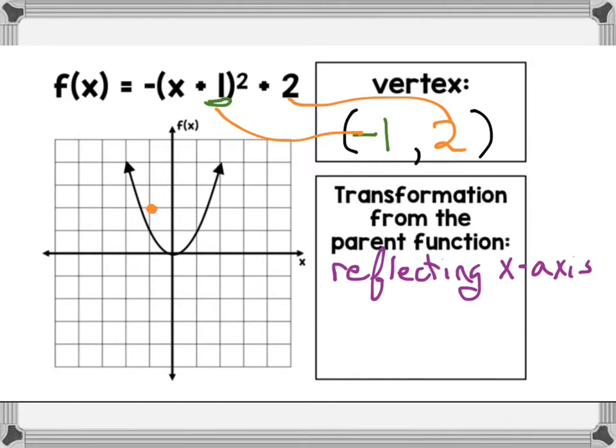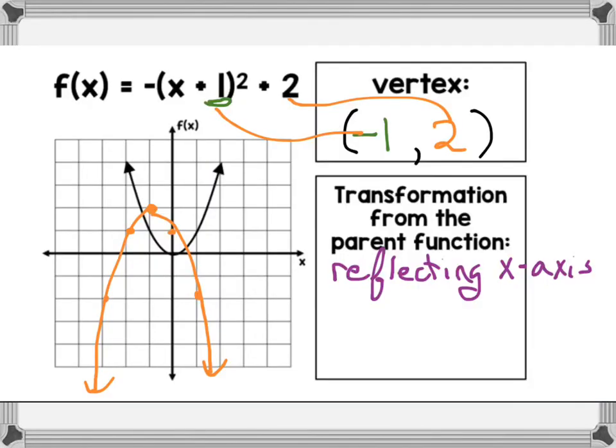And I reflected over the x-axis, there was no stretch, so all it means is I'm going down instead of up. So go over 1, down 1. Over 1, down 3. And sketch in that graph. So there was a left 1 and up 2.